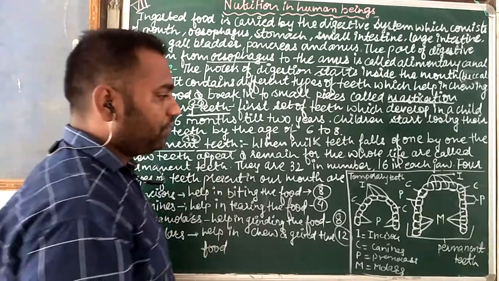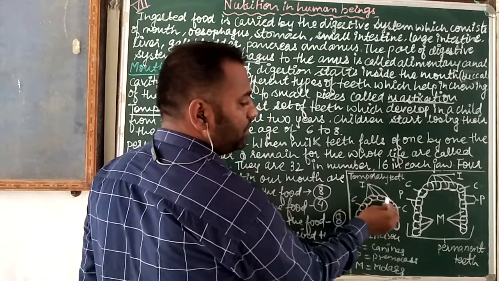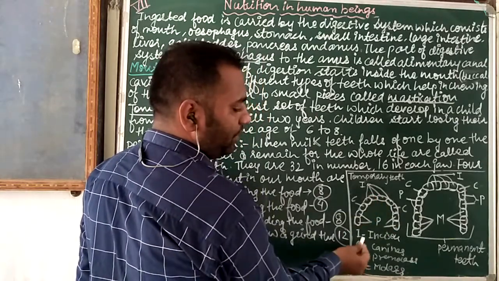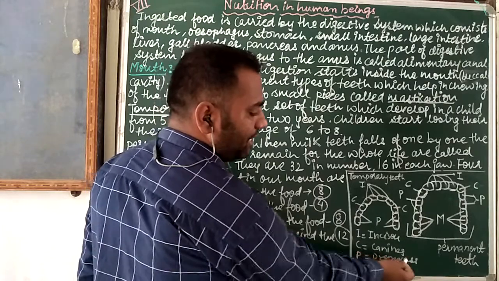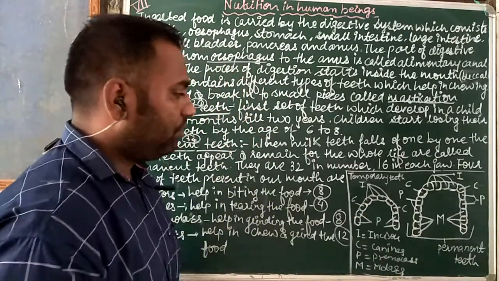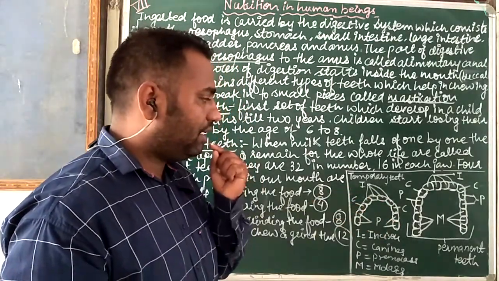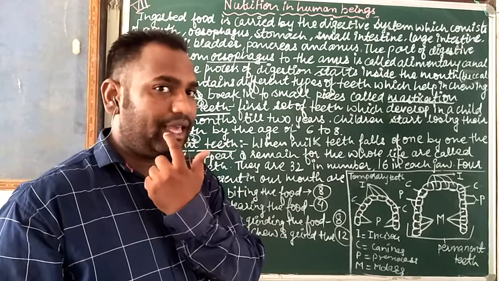So first 4, you can see 1 2 3 4. These first 4 are known as incisors. I means incisor, C means canines, P means premolars, and M means molars. So the first 4 are named I, incisors, 1 2 3 and 4.